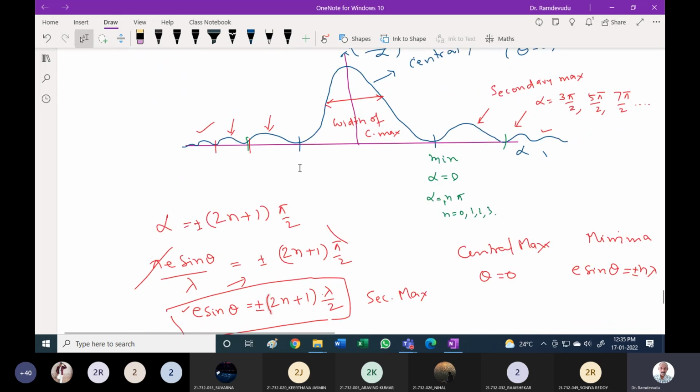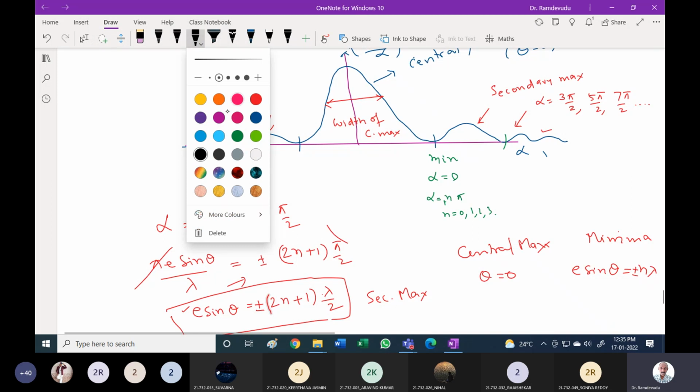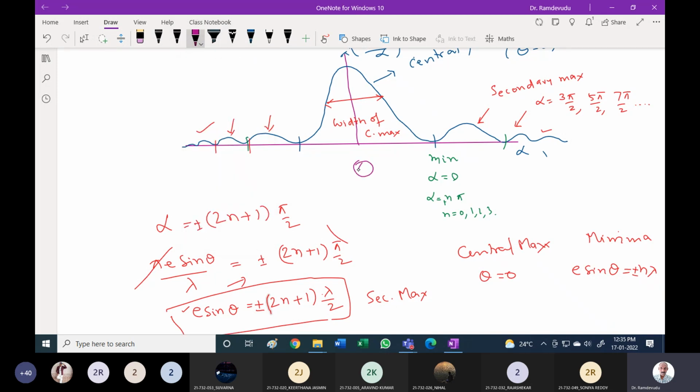This is the pattern you have already observed when you did the experiment called lasers. Here we have seen a very bright spot, and then the spot has decreased intensity, decreasing further and further.